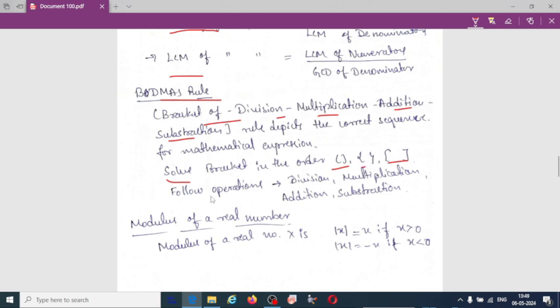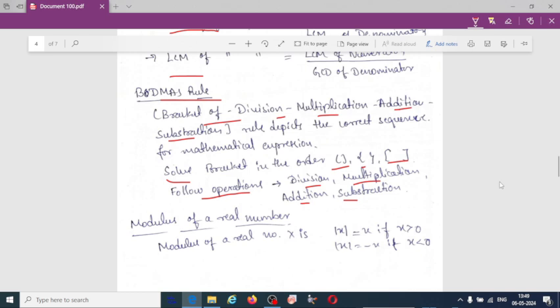Okay. Then the operations you should follow: division first, next multiplication, next addition and subtraction. If a problem has been given, you should first solve the brackets in order, and the operations also like this: division, multiplication, addition, subtraction.